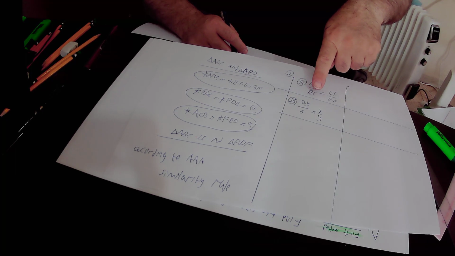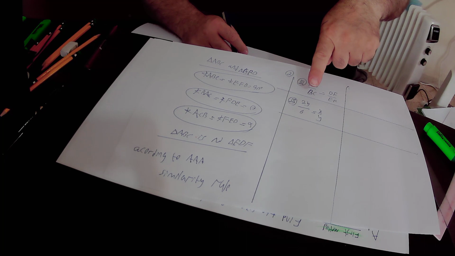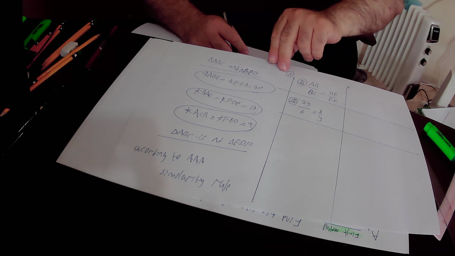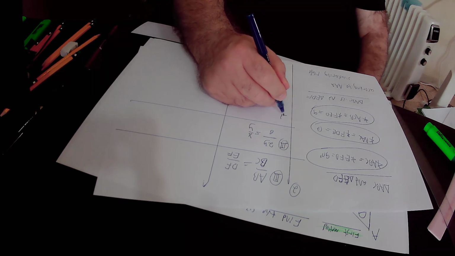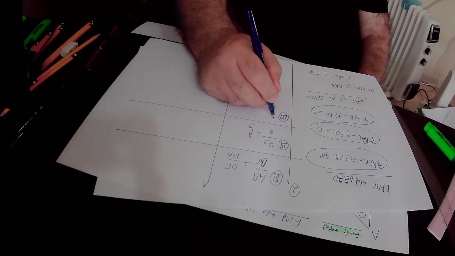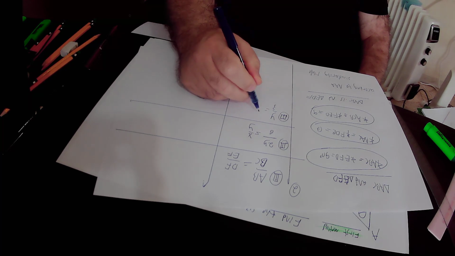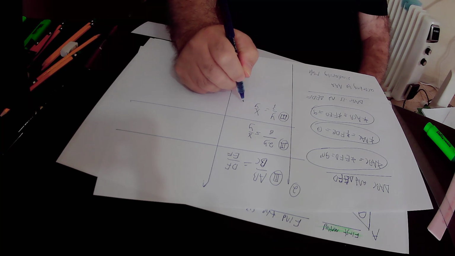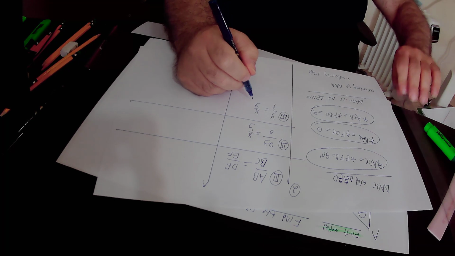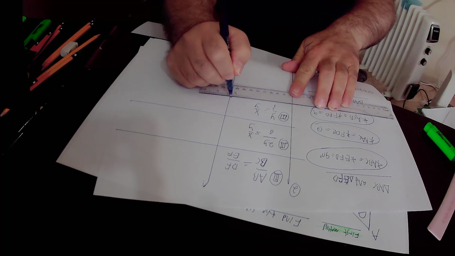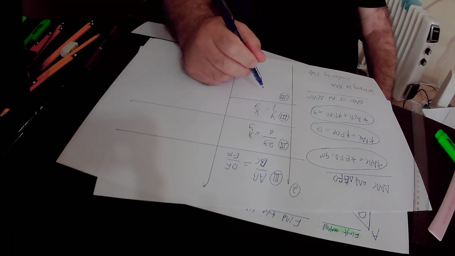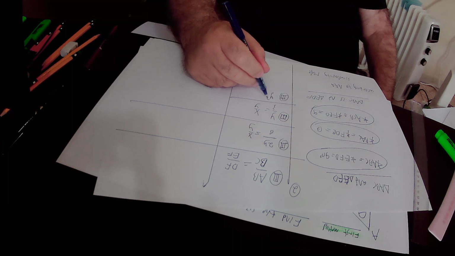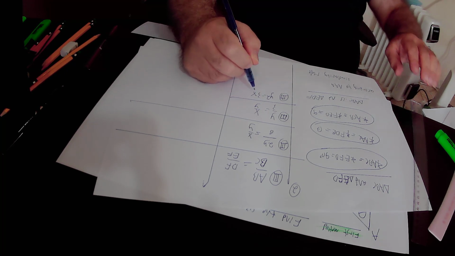Here we will divide the numerator and the denominator of this side of equation number 3 by 2, and we get y over 3 is equal to x over y. Here we will cross multiply, and we get that according to equation number 3, y squared equals 3x.